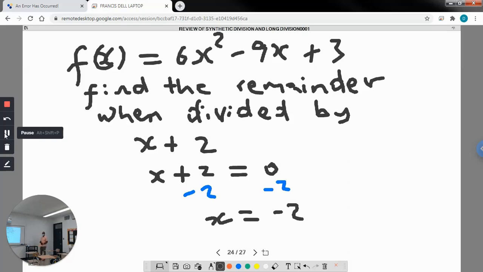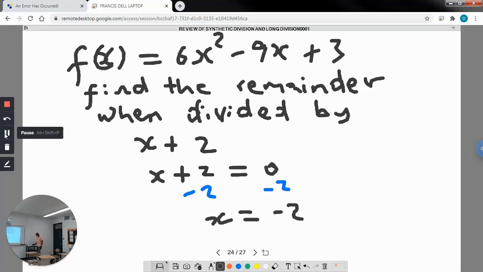Because it is plus 2, you subtract 2 on both sides, and you get x equals negative 2. Now, that negative 2 is what you're going to substitute here for the x.